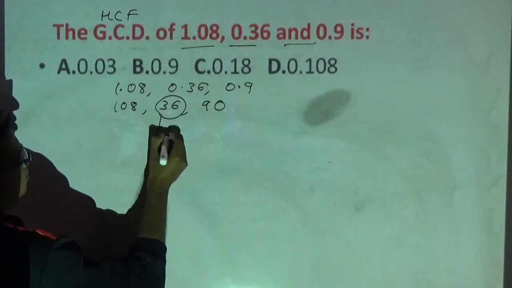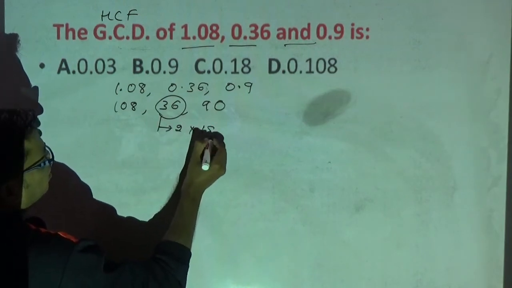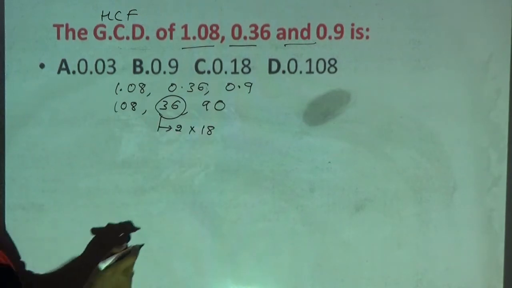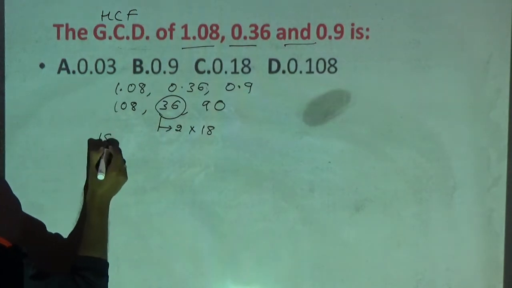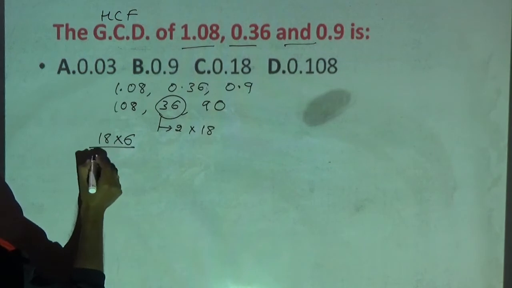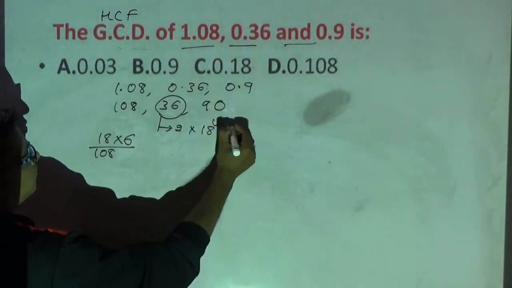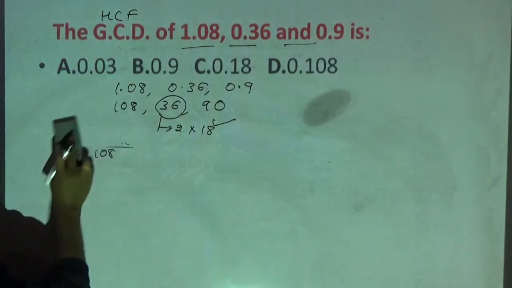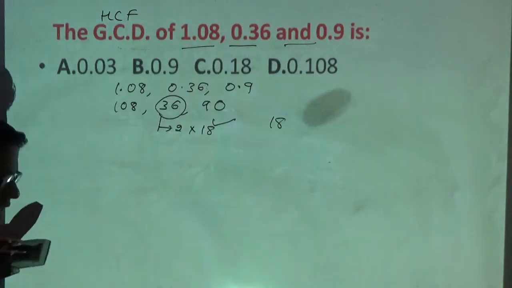Okay, then factors of 36: 2 and 2 and 18. Now we check whether you can divide all the 3 numbers by 18. Yes, you can divide. See, 18 6 times is 108, correct? Now 18 2 times, 18 5 times. Therefore, what is your HCF? HCF is 18. But what have I done? I have multiplied by 100.